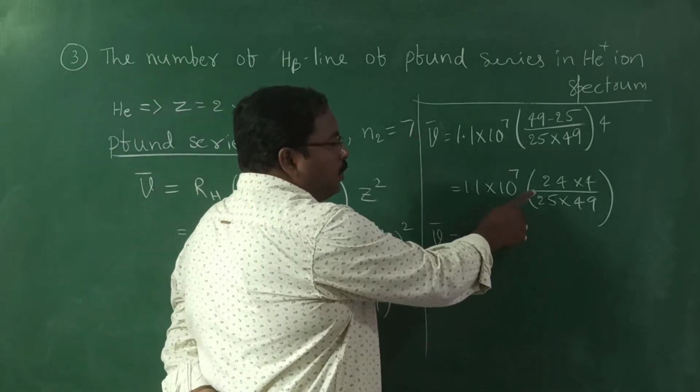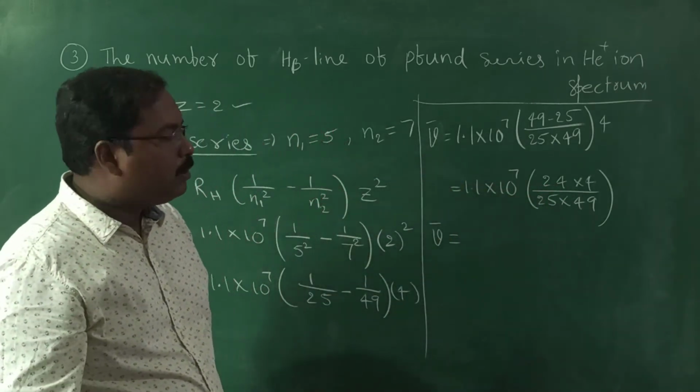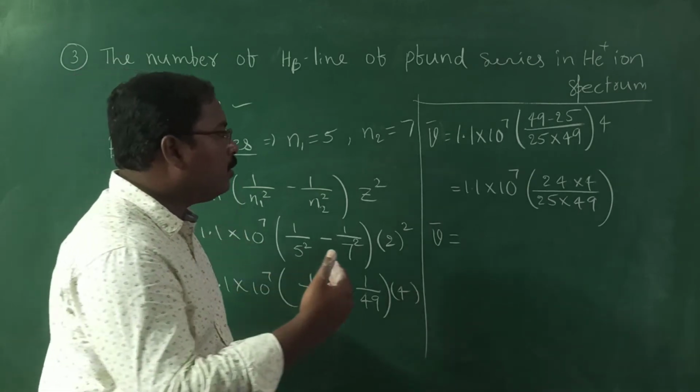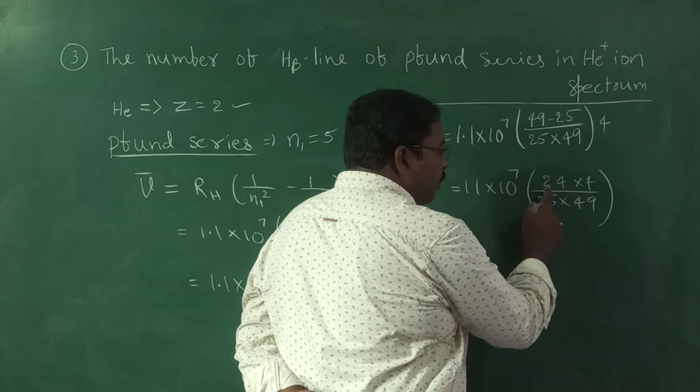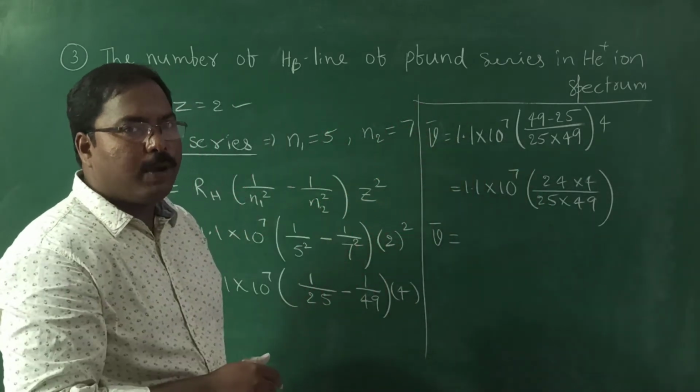Now, let us go for 24 divided by 25. Very close numbers, correct or not? So 25 will cancel 24 approximately one time.